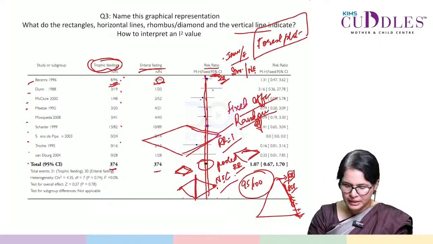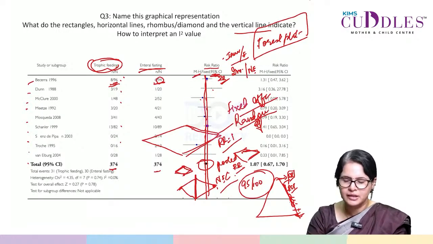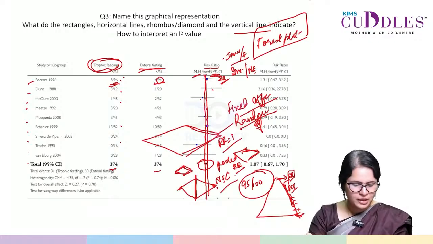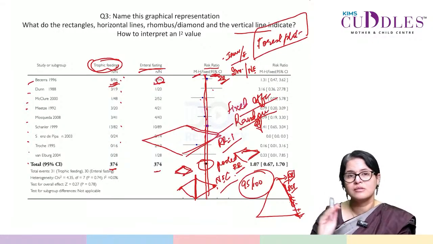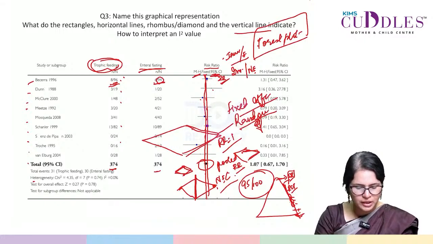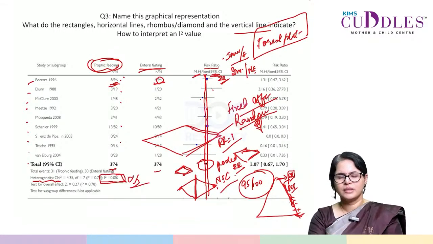This particular meta-analysis has used the Mantel-Haenszel method, and it is using the fixed effects model. If you want to understand the heterogeneity, or variability amongst the studies, you look at the heterogeneity column, where they would have given something called an I-square. I-square here is 0%, which means there is hardly any variation between the studies.